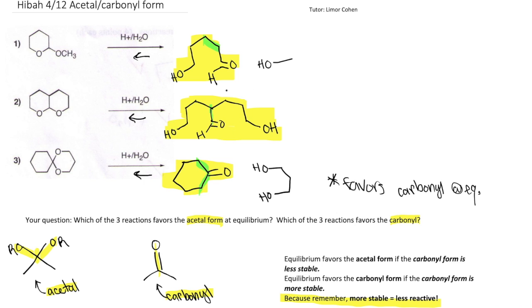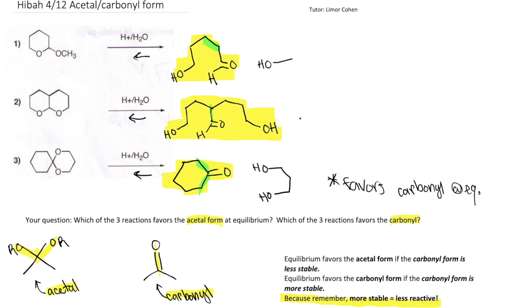If we're comparing these two molecules, this molecule has one alcohol, and oxygens are electronegative, so one alcohol is pulling away electrons from this partial positive charge, destabilizing it. On the other hand, this molecule has two alcohols pulling away electrons from our partial positive charge, making it more positive than it already is, less stable, and therefore more reactive.